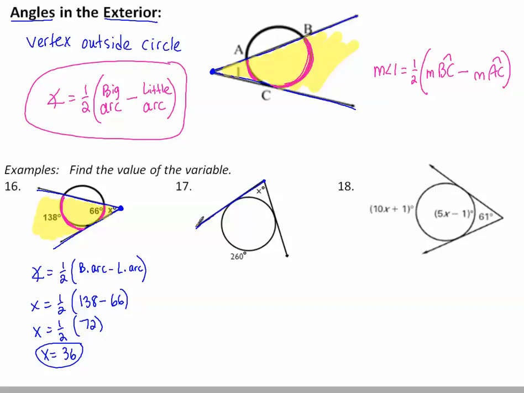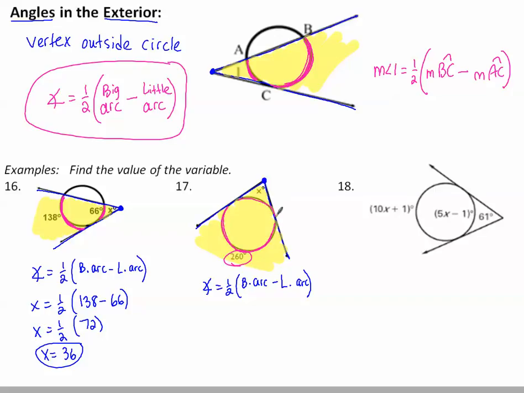Another one. Sides of the angle, here's the vertex outside the circle. So angle equals half of big arc minus little arc. What are the two arcs? Let's shine our flashlight. I see one arc. This says 260 degrees.